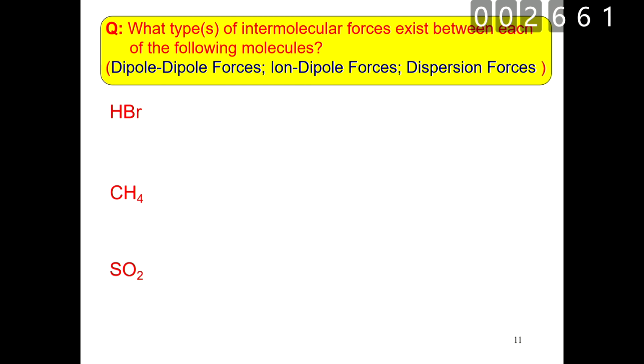Okay. Basically, for all gases, the molecules have dispersion forces. Just some have higher dispersion forces, some have weak dispersion forces.